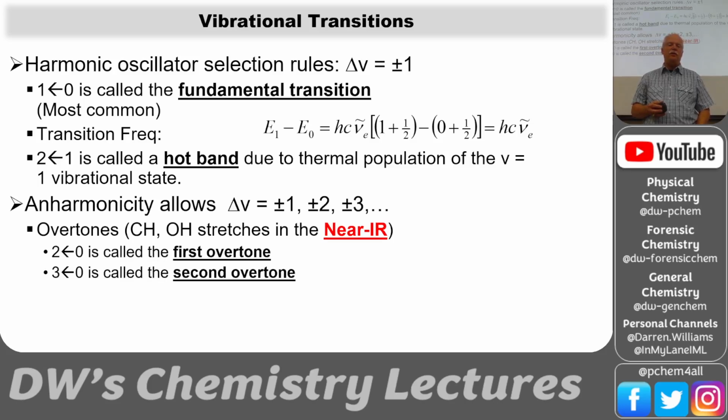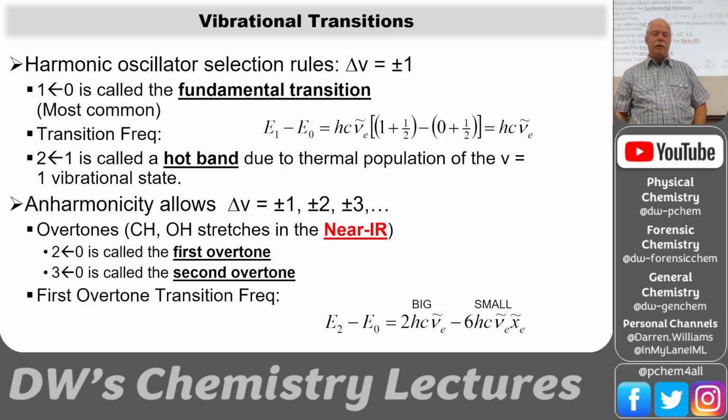The 0 to 2 is the first overtone. 0 to 3 is the second overtone. So if you memorized those things for the particle in a box, for vibration they're slightly different, right? That first overtone transition is almost twice the vibrational frequency, but there is a small piece subtracted due to anharmonicity.